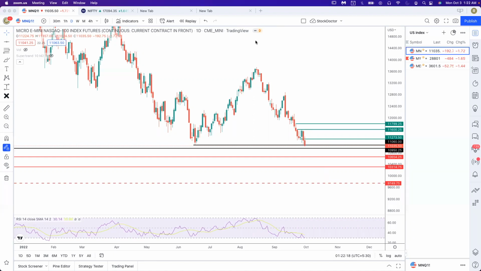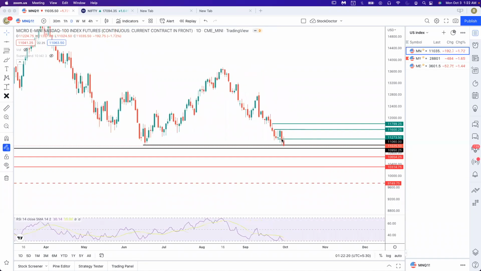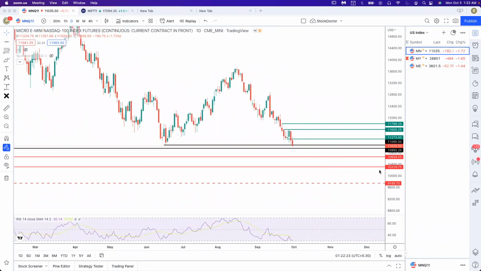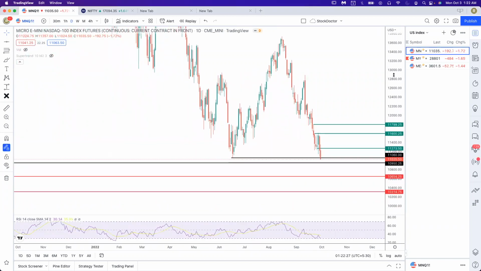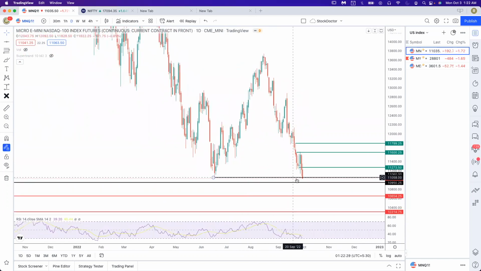Now this was the downside. Let's talk about the upside. Upside is what? If market takes a U-turn from 10,950, and stays here for some hours, consolidates and then again starts pushing back, then the first target is 11,275, second target is 11,600, and third target is 11,800.